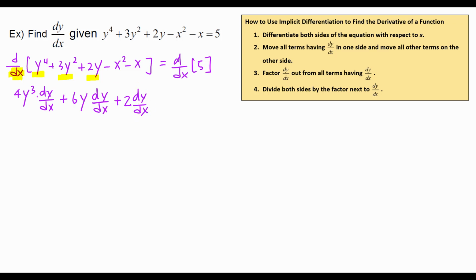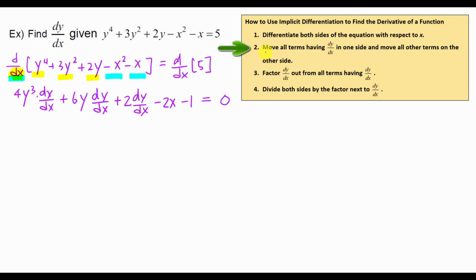And to take the derivative of negative x squared minus x with respect to x, it is explicit, so it will be just negative 2x minus 1, equal to the derivative of a constant, which is 0 on the other hand side.